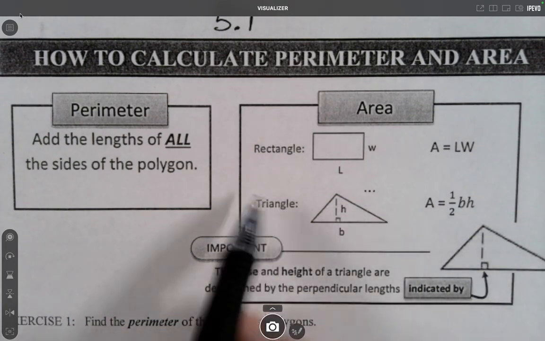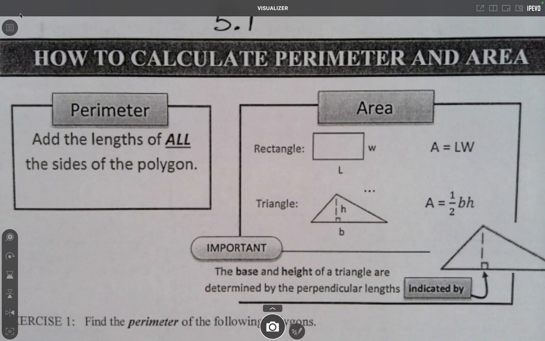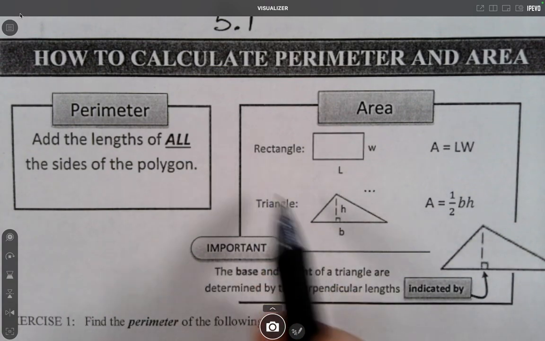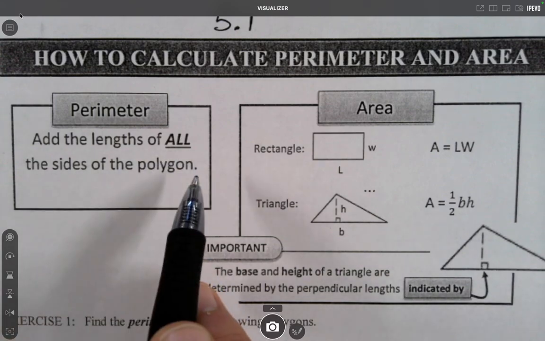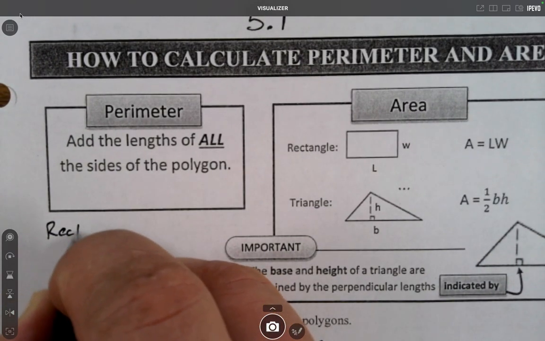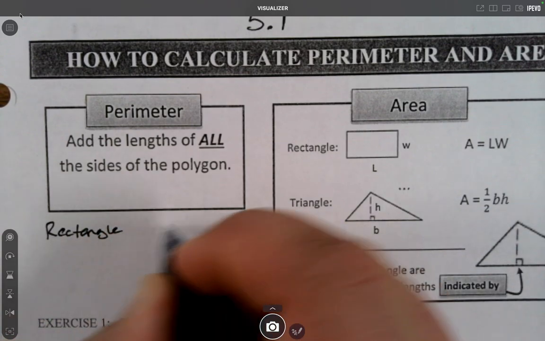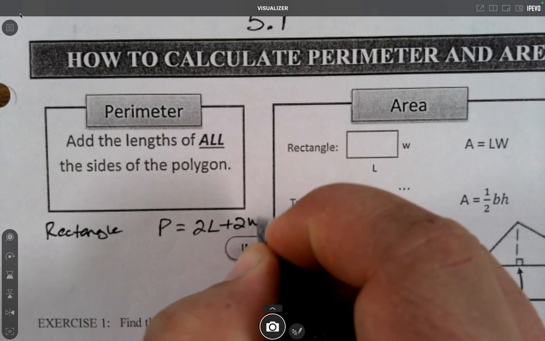Now, perimeter, I do want to give you the formulas for these two shapes. There will be other shapes in these notes other than rectangle and triangle, and in those cases, we'll just need to remember this. Add all the lengths of the sides. But for a rectangle, the perimeter is 2L plus 2W.